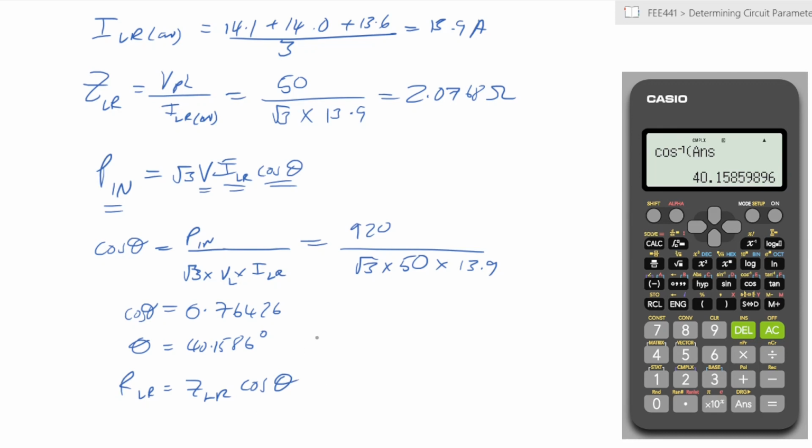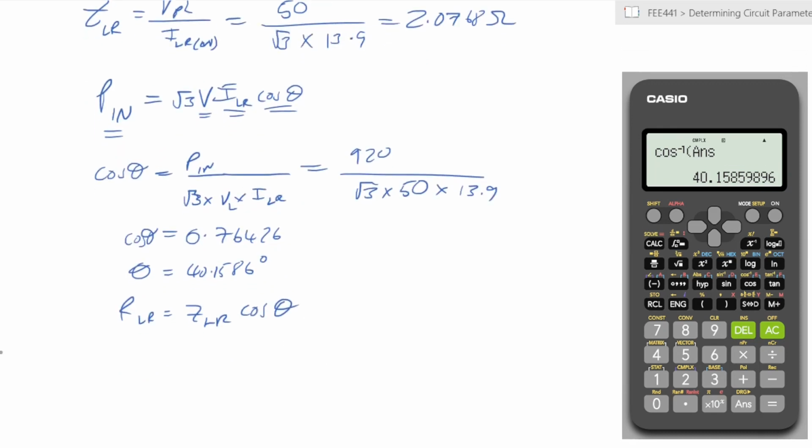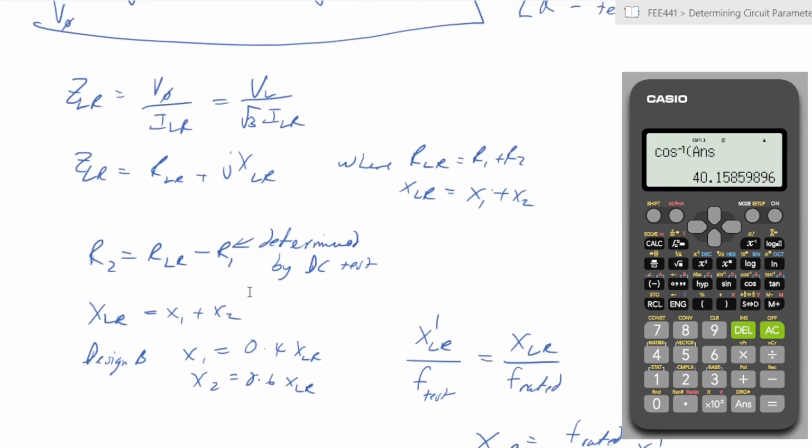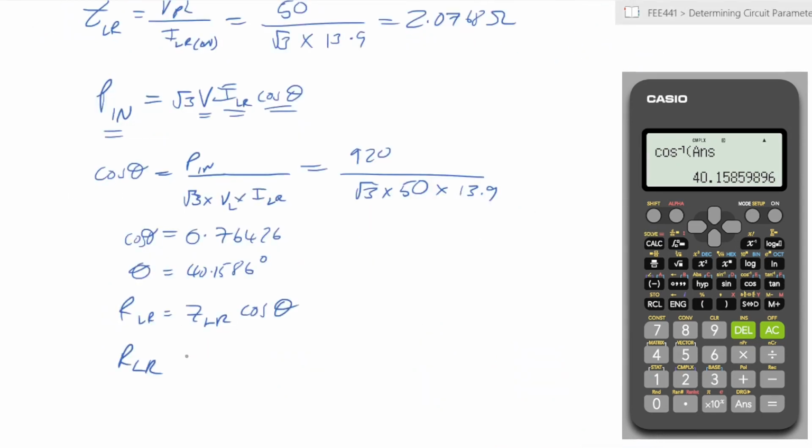We already have ZLR, so we can make use of this to know RLR. In the previous discussion, we showed that RLR is R1 plus R2, and XLR is X1 plus X2. Those are the two that we are trying to find out.